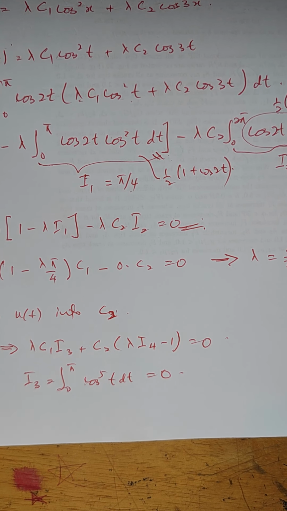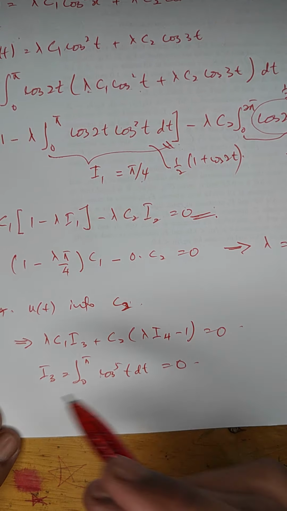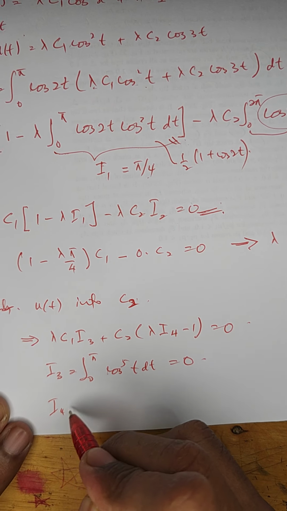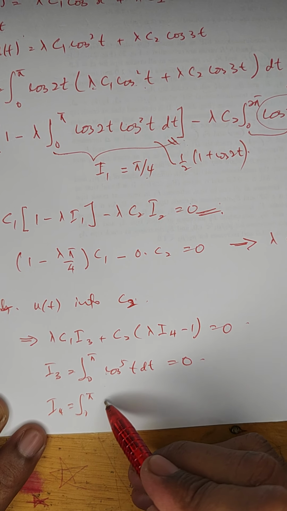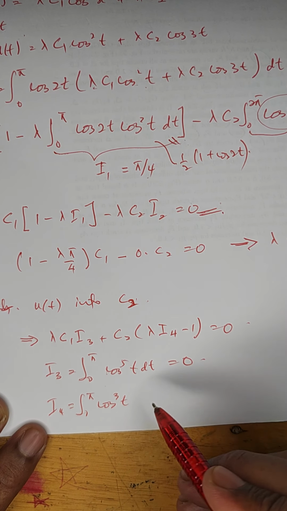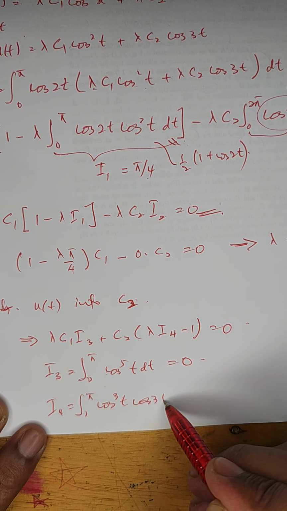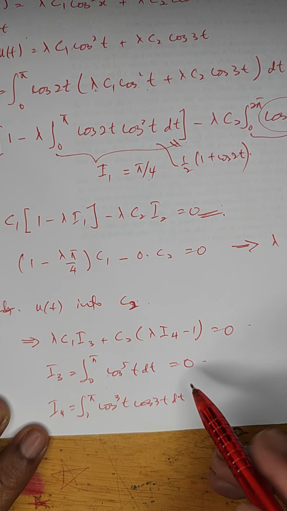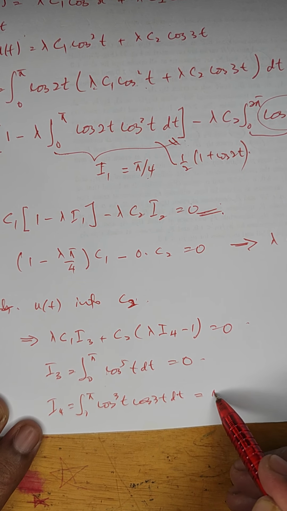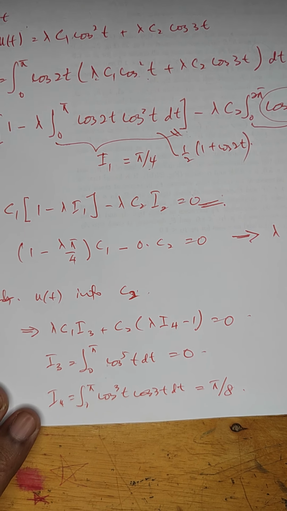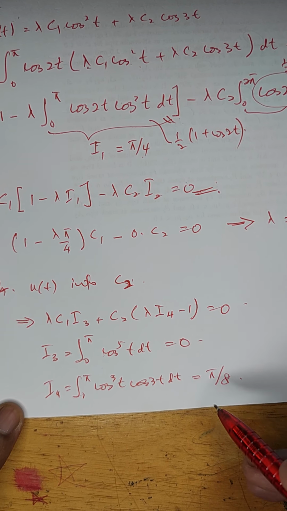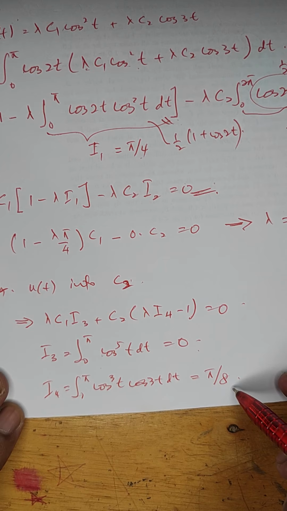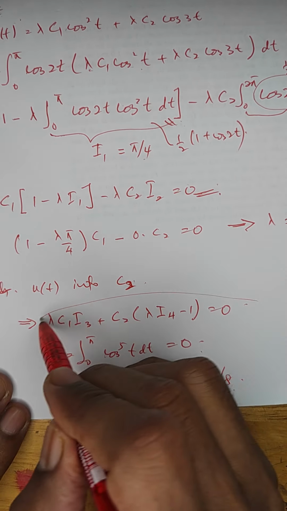And your I4 is the integral from 0 to pi of cos cube t cos 3t dt, and this gives you pi over 8. Okay, now use these values I3 and I4 in that equation.